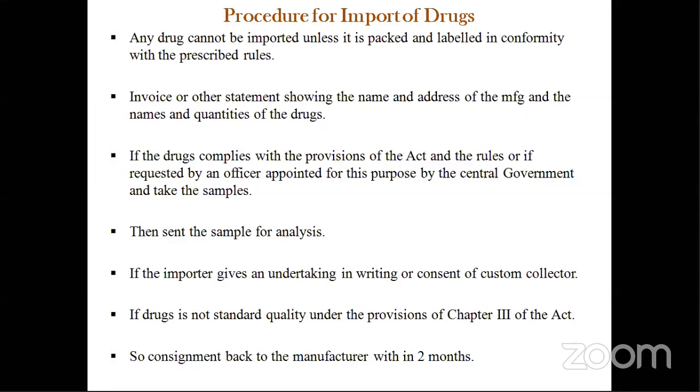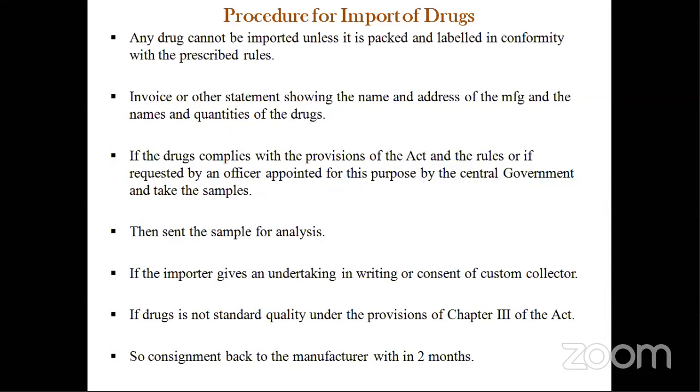So first you confirm the address of the manufacturing firm, and after confirming the address, you write the quantities of the drugs you have to send. The name of the drugs and the quantity of the drugs you have to mention in the labeling of the packaging area. After mentioning, you send this product.